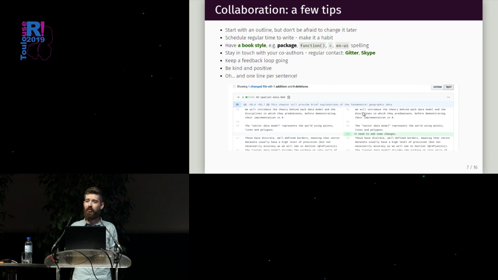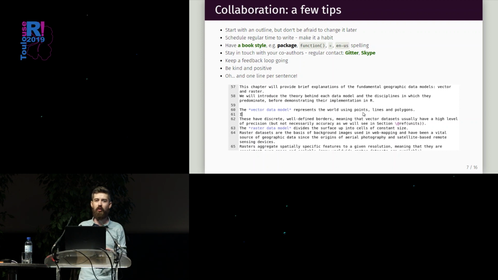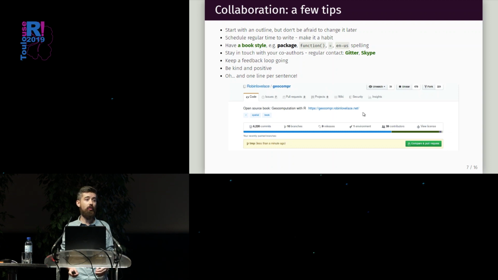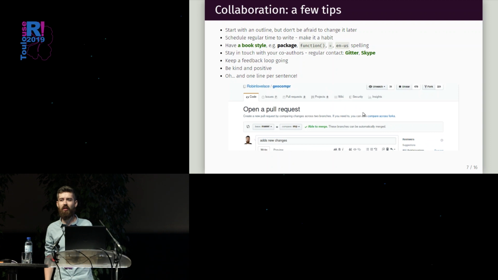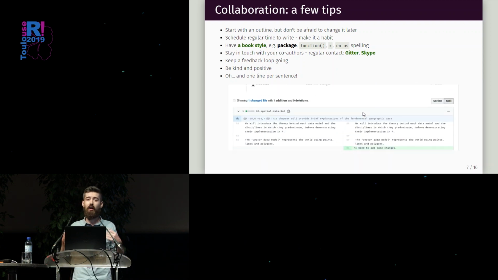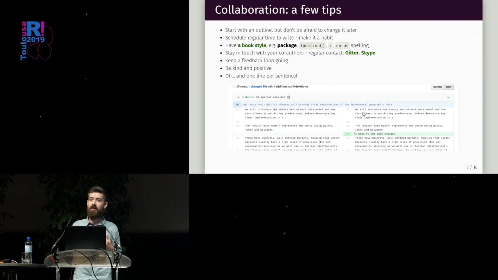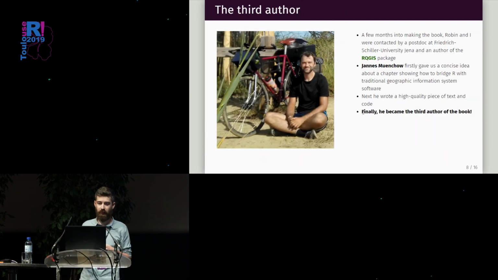And that feedback makes everything easier and better, because we get that instant feedback on our changes, on our ideas, and that makes the experience better. And the most important thing, while writing the book and collaborating on the book, and many other projects, I assume, is to be kind and positive. So my co-authors are great because they are so kind, so positive. They are always excited about new changes, about new ideas, and that makes everything easier and better.